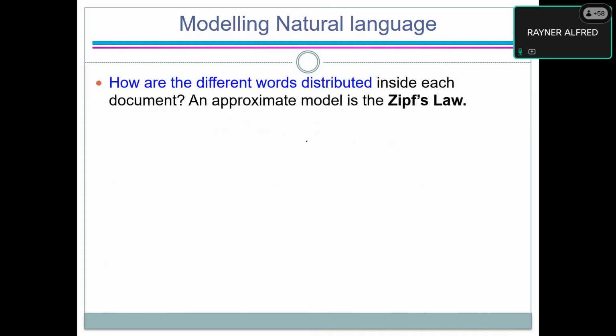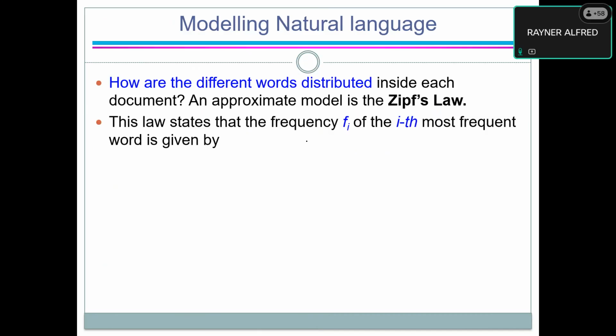In trying to tokenize the words that we have in the document, we may have some terms that exist more frequently compared to others. So we have this Zipf's law that says that F1 will be your most frequent term, and then i refers to the second or the third or the rest of the words that we have.